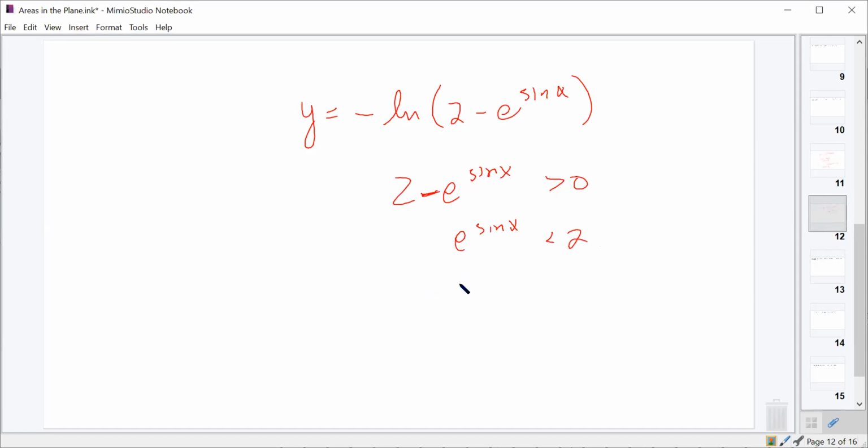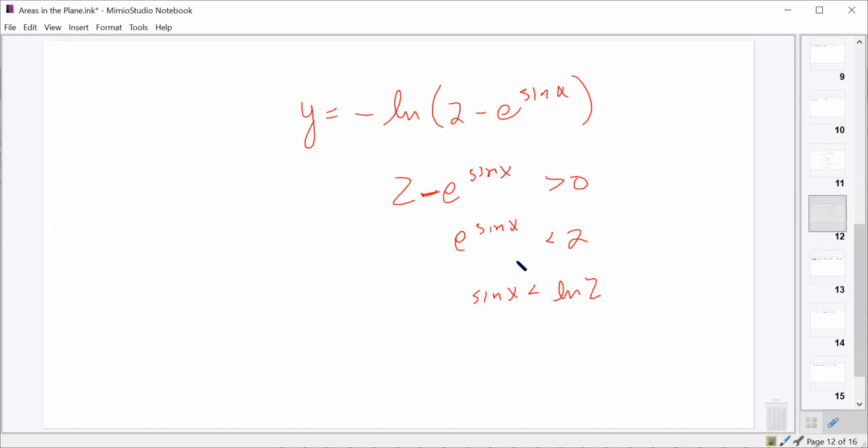If we were trying to do this by hand, that means sine x would be less than the natural log of 2. And so then we'd have to take the inverse sine of this. Well, natural log of 2 is a positive number. So that means we're going to be somewhere between the first quadrant and then back around to the second quadrant.